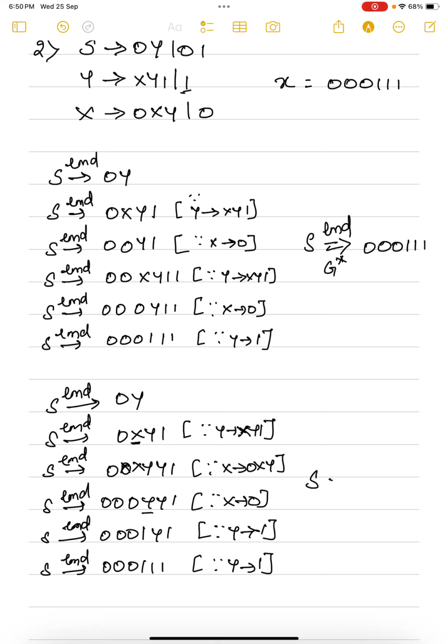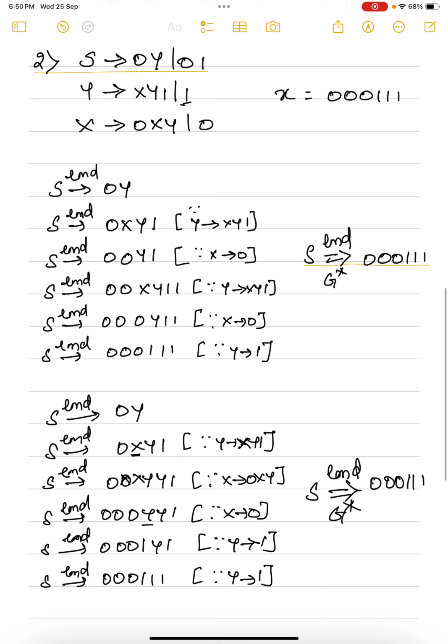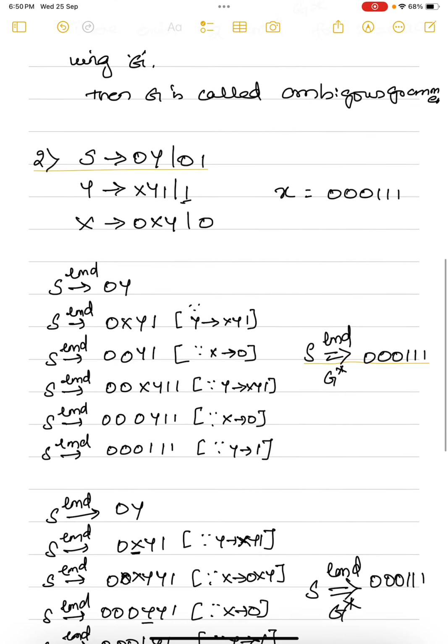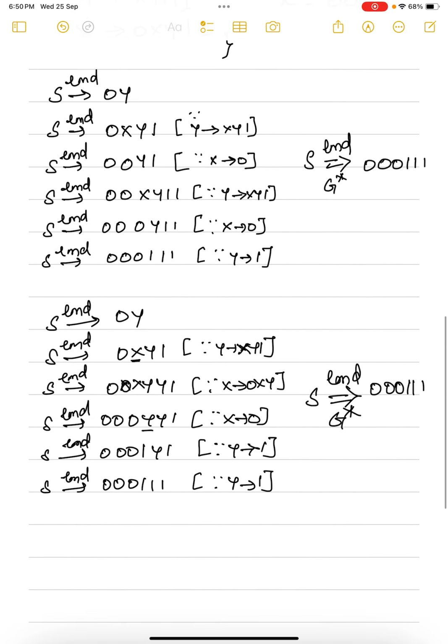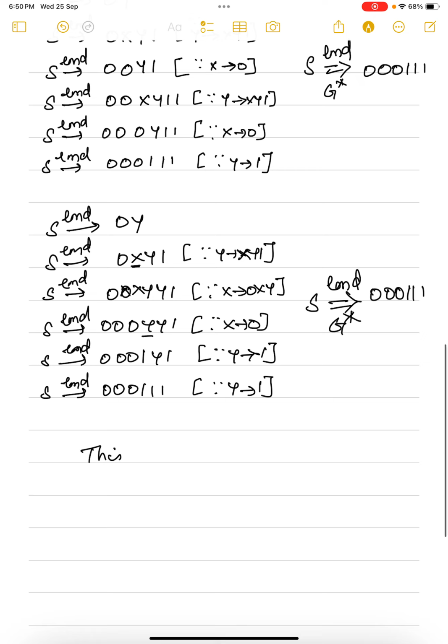So starting from S, applying the grammar G one or more times, again using leftmost derivation, we were able to derive 000111. So this string can be derived using this grammar G with two leftmost derivations. So this grammar G is an ambiguous grammar.